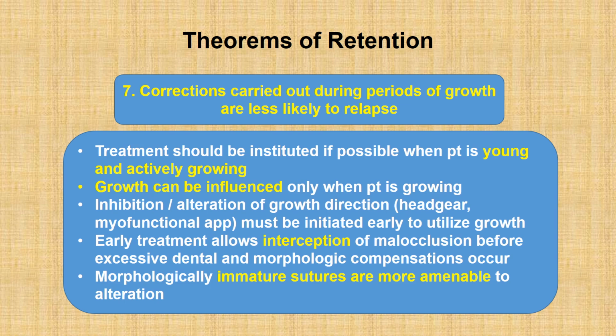Any inhibition or alteration of growth direction using appliances such as headgears or myofunctional appliances must be initiated early to utilize the growth potential. Early treatment allows interception of malocclusion before excessive dental and morphological compensations occur, and morphologically immature sutures are more amenable to alteration.